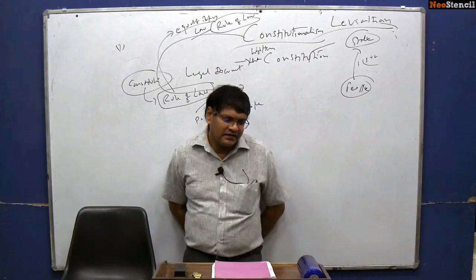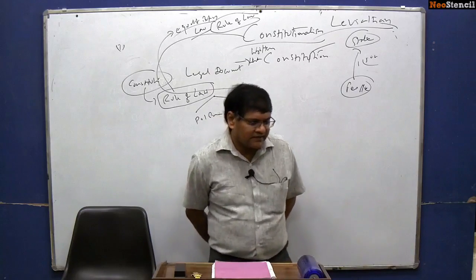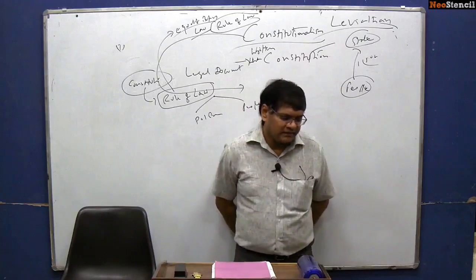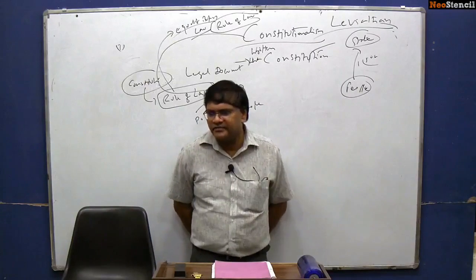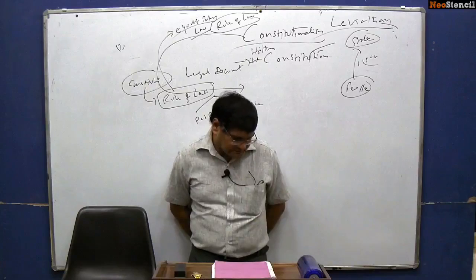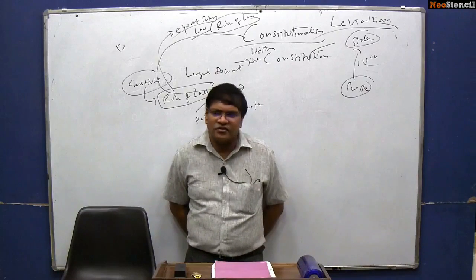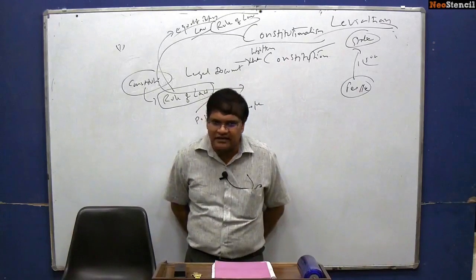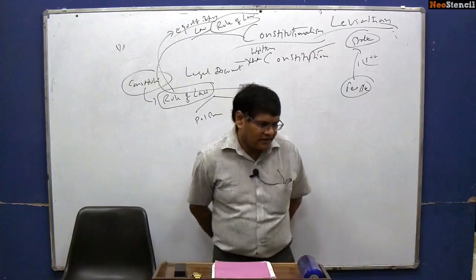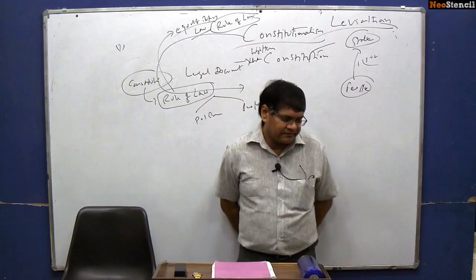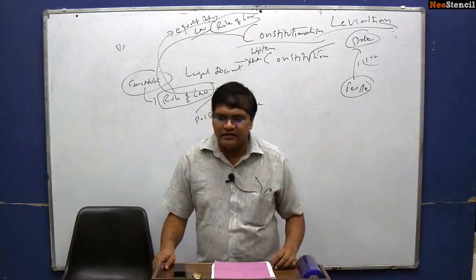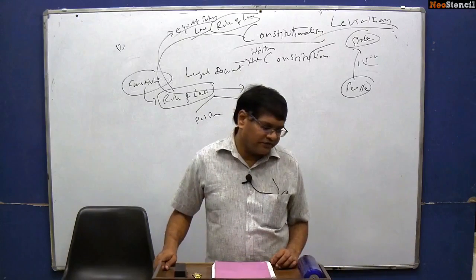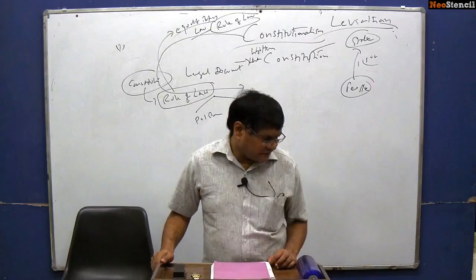Fifth, federal form of government, especially for a country like India. Sixth, civilian control over army, the defense forces, the armed forces.